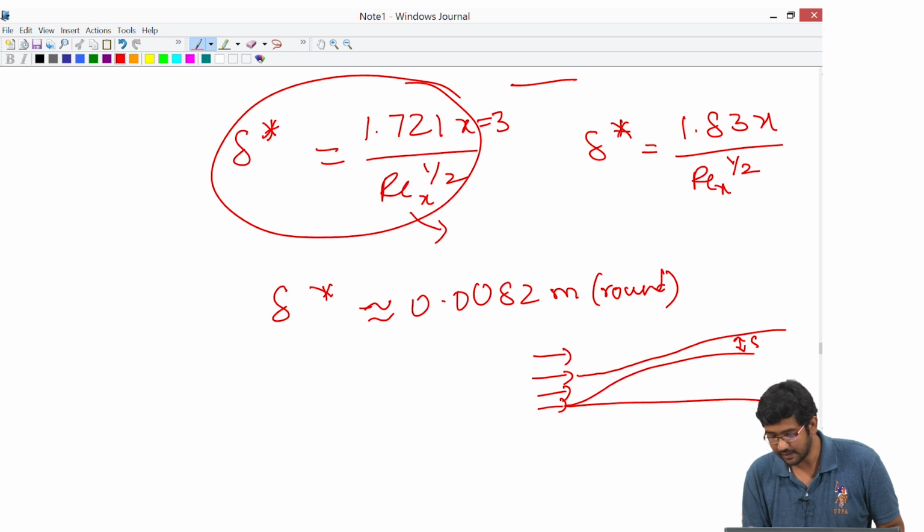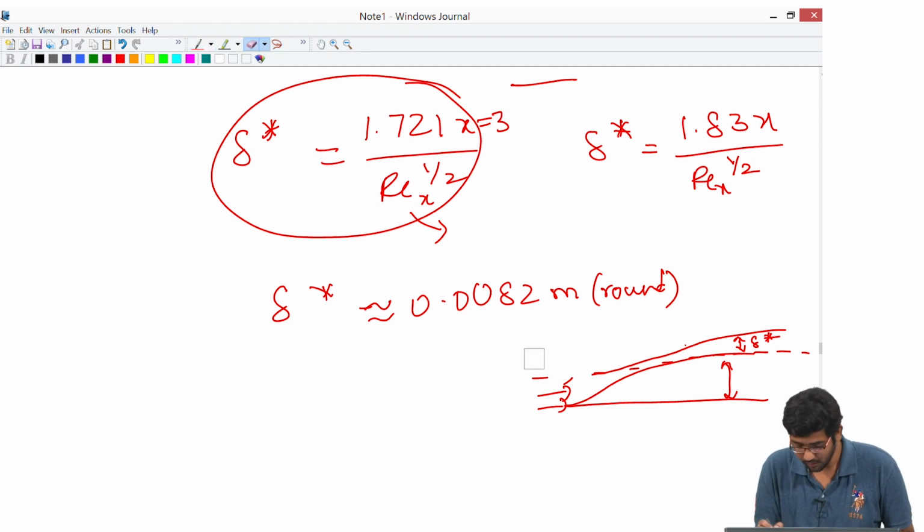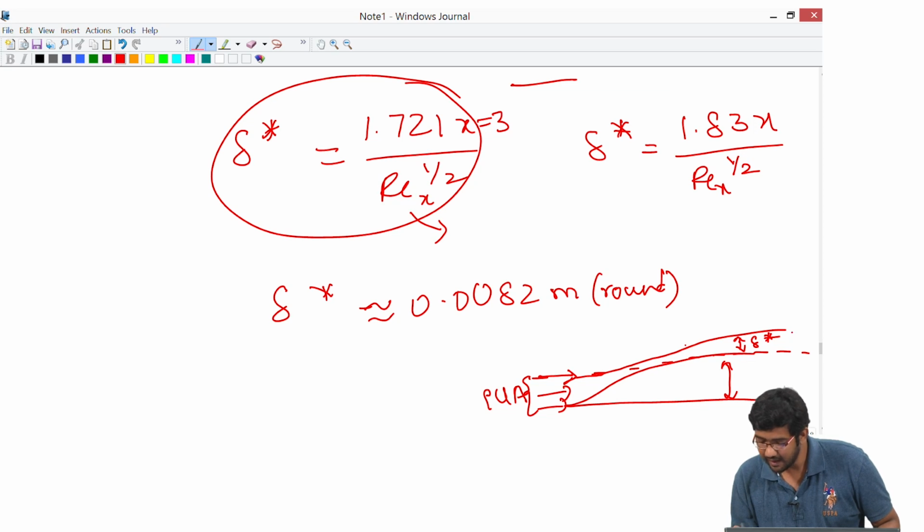So, this is delta star. The streamline which is just outside the boundary layer is getting displaced because of the boundary layer effects. This displacement is quantified by displacement thickness. So, if one wants to impose the continuity equation, this is fluid which is entering, or the mass flux rho u into A. Now, here the area is changed.